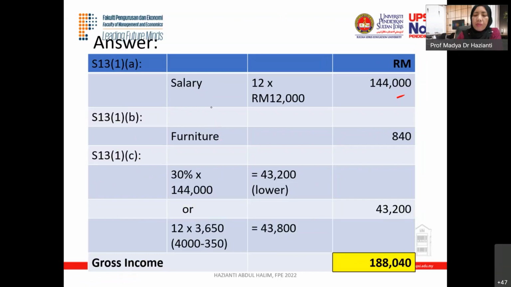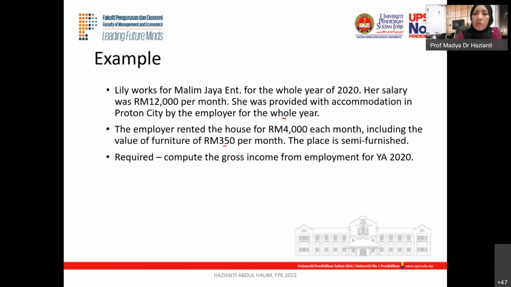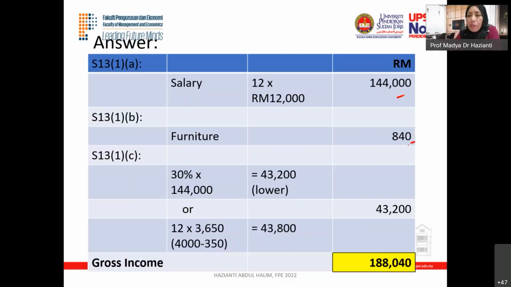Furniture. Okay, furniture kenapa saya letak 840? Walaupun dekat sini kata furniture 350, yes, kita tak peduli berapa value furniture tu. Kalau furniture, ini keyword, furniture is semi-furnished ni. So go back to the table tadi. Kalau semi-furnished, dia ialah 840.